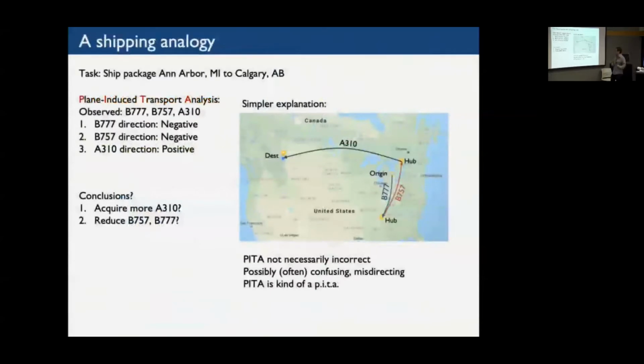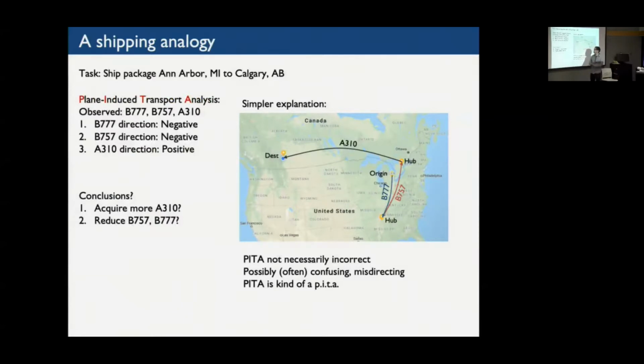Here's a shipping analogy. Oh, I meant this to be, don't look at the right, only look at the left because this sort of ruins the whole story. I want to ship a package from Ann Arbor, Michigan to Calgary. I'm going to do analysis called plane-induced transport analysis.